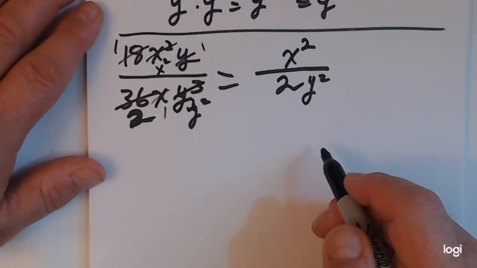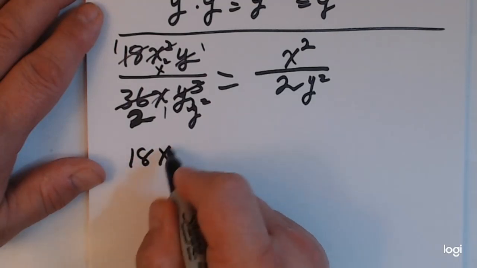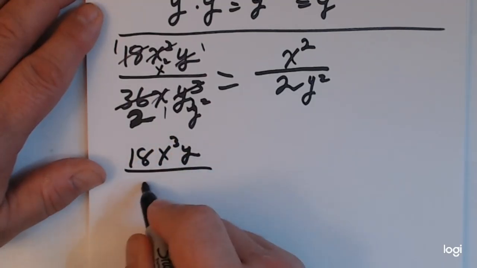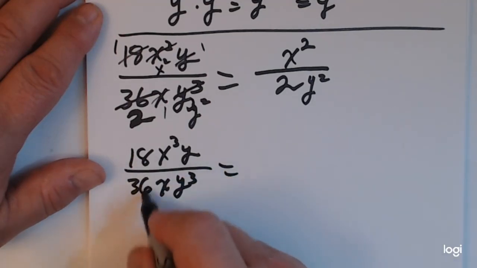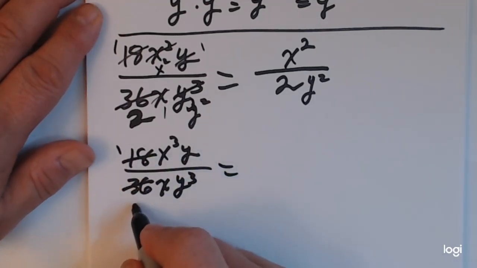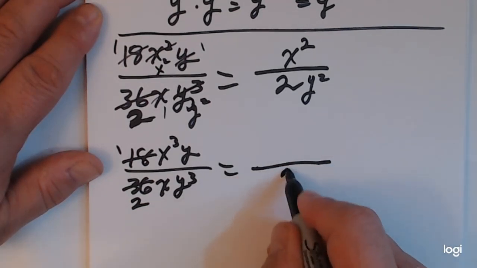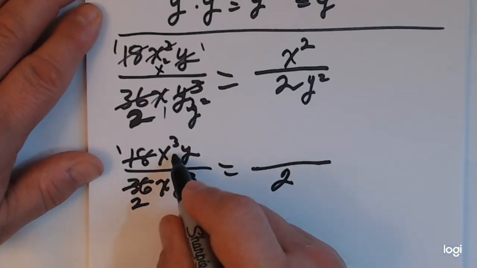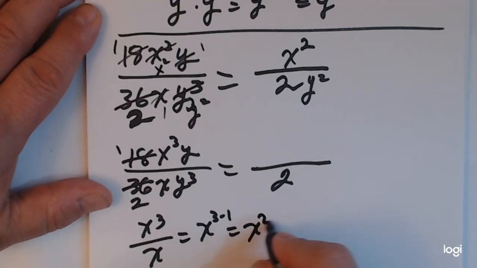I'll show you that one again. 18 x cubed y over 36 xy cubed. The 18 and the 36, that's easy enough, 1 over 2. And then x cubed over x is x to the 3 minus 1, which is x squared. That goes up here.